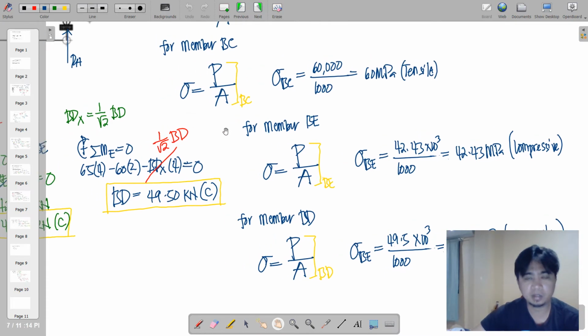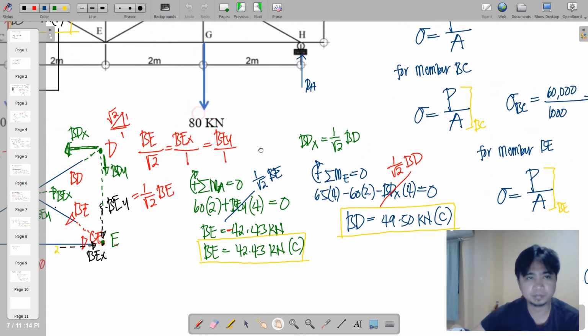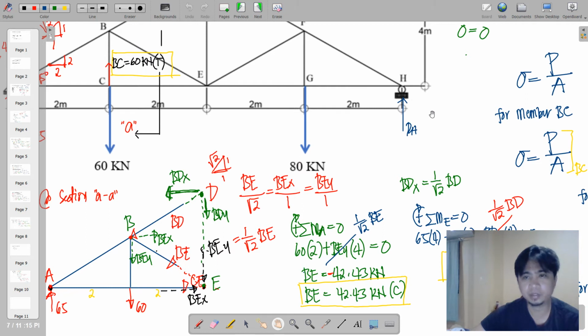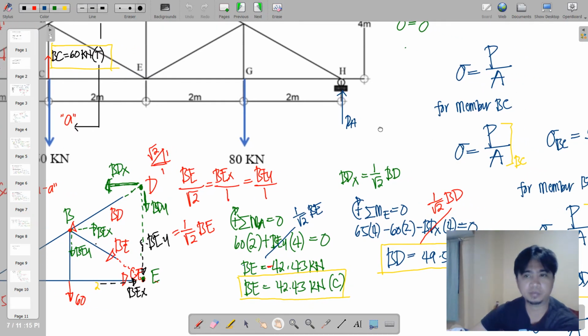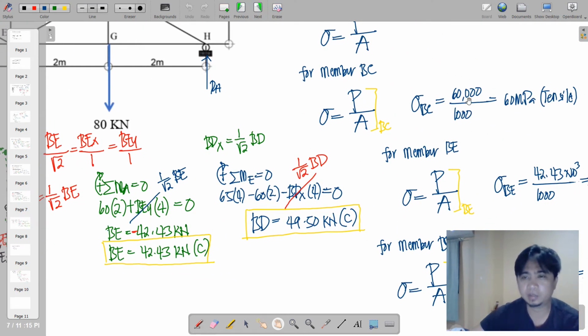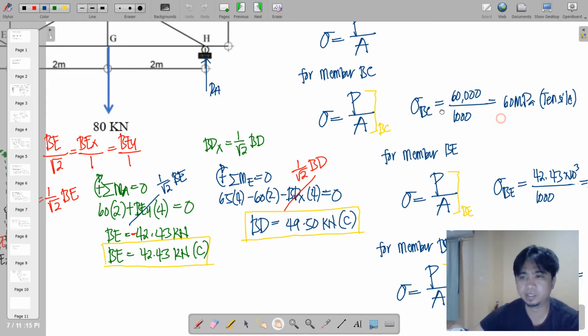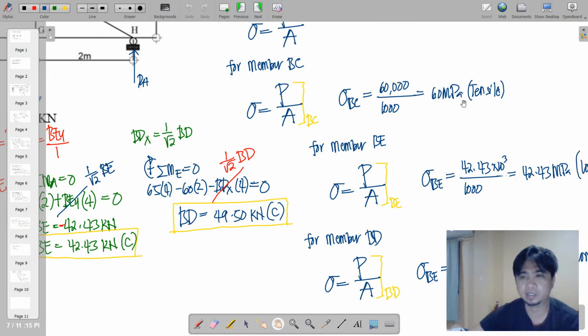So the obtained force for BC is 60 kilonewton. So that will be multiplied by 1,000 in order to express it in terms of Newton. So 60,000 divided by 1,000, we have 60 megapascal, and that is a tensile stress for member BC.